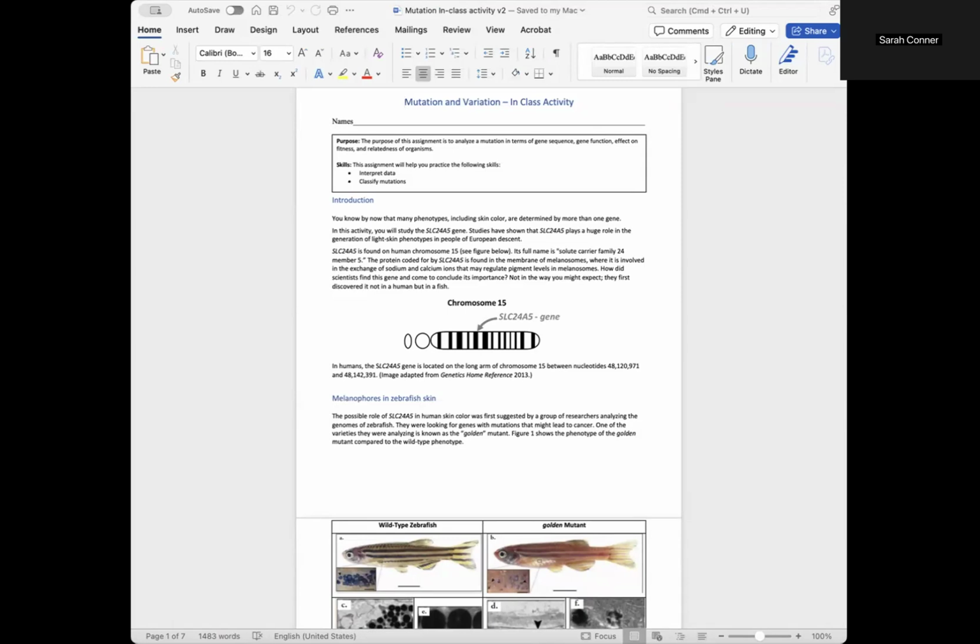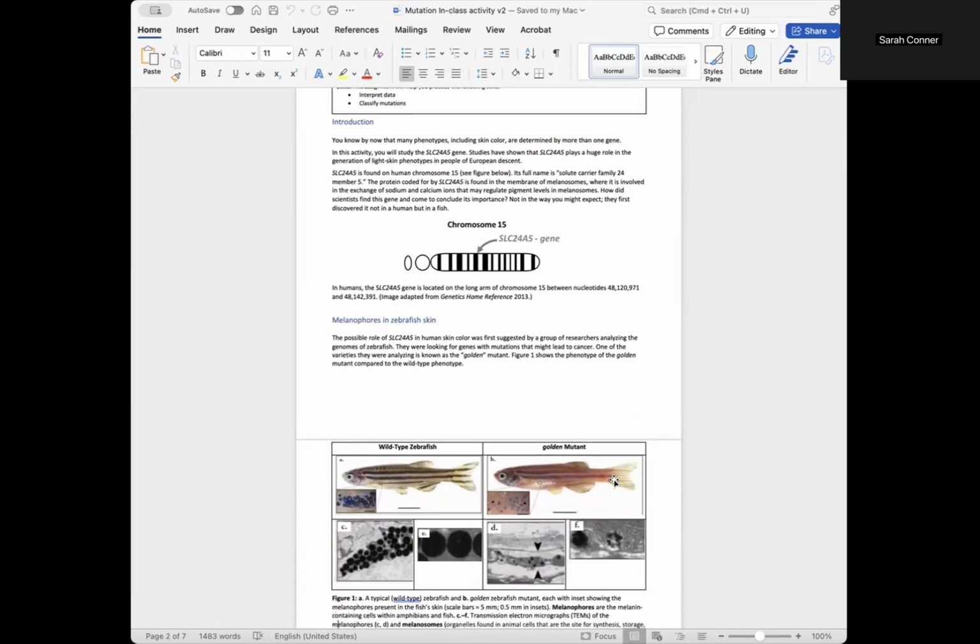You're going to use interpretation of data and classify mutations as we go. And we're looking at the melanophores of the zebrafish skin. There's a possible role of the genes in human skin suggested by a group of researchers, and they're looking at how those genes with mutations might lead to cancer.